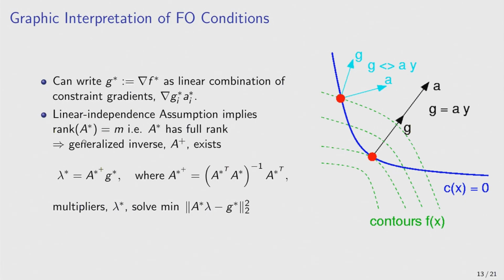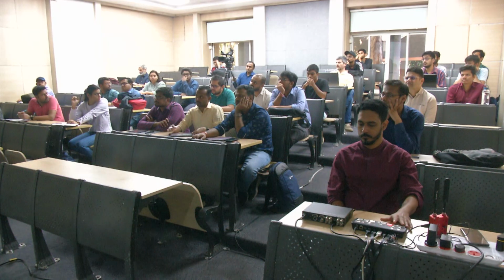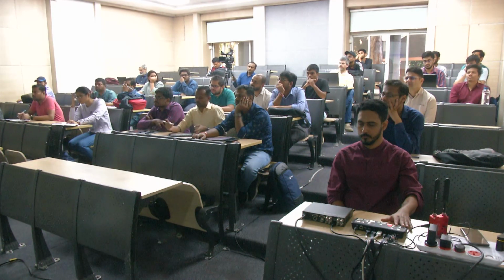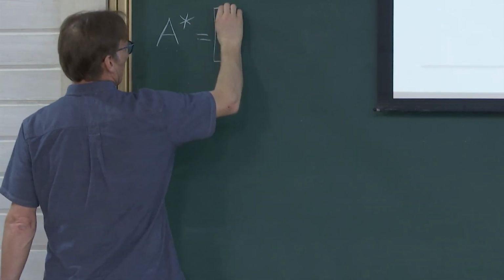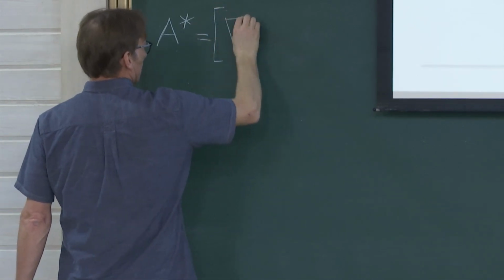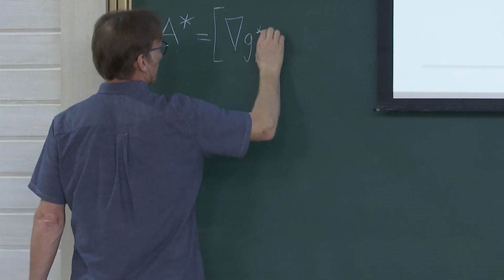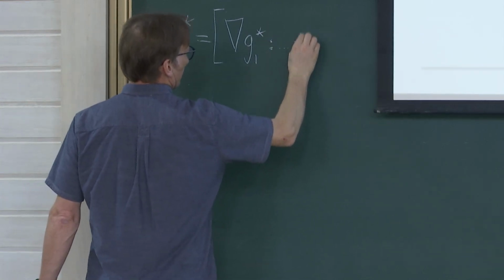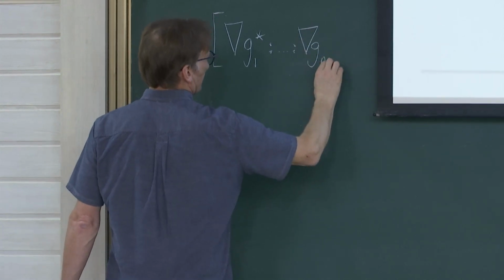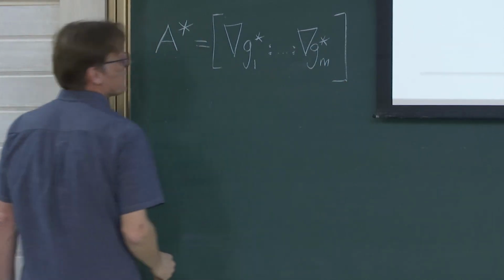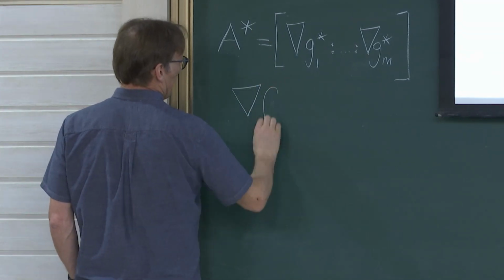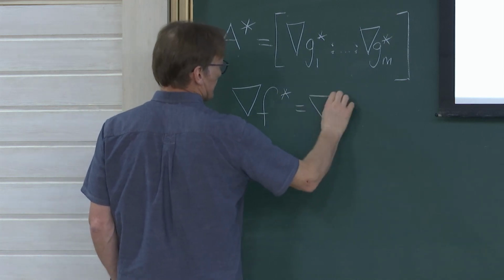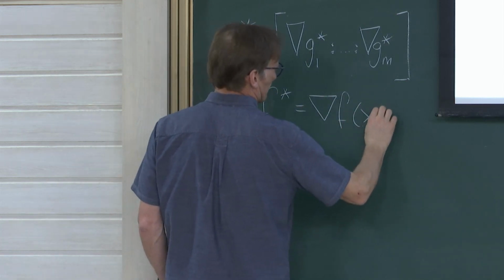And in fact, yeah, A is the Jacobian, yes. I should have written this down somewhere. So A star is the collection of gradients, and throughout I'm using the convention, I think I had it on the first slide, that grad f star is the gradient of f evaluated at a point x star.